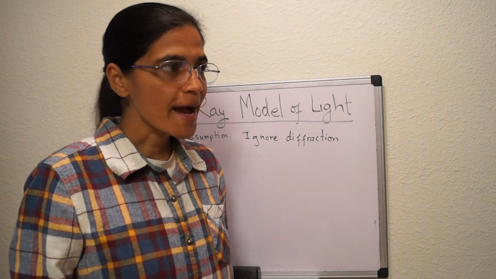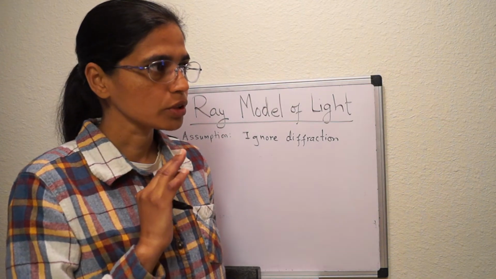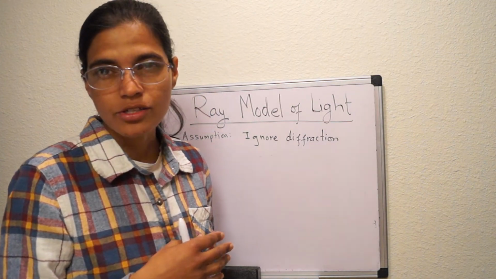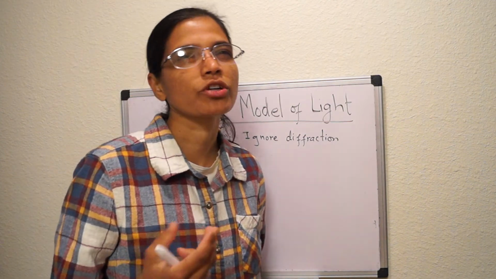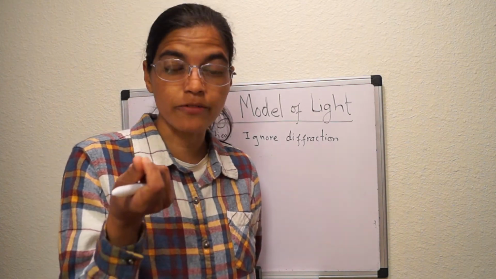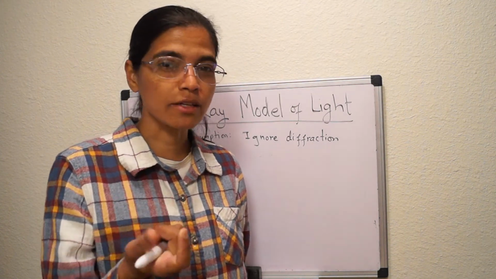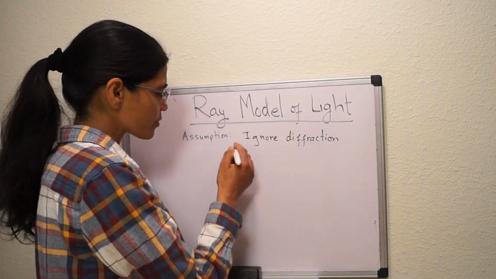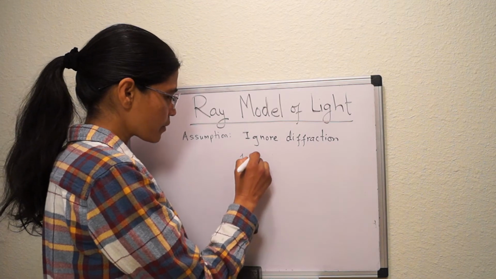Here we will ignore diffraction. When we're talking about diffraction, the slit size is really tiny, about 0.5 micrometer. But for the ray model most of the slits would be about 1 millimeter.